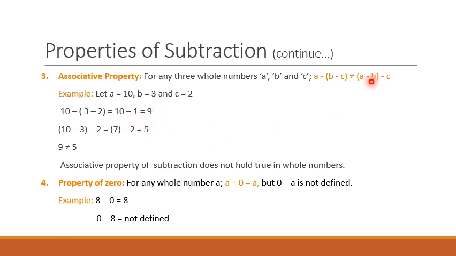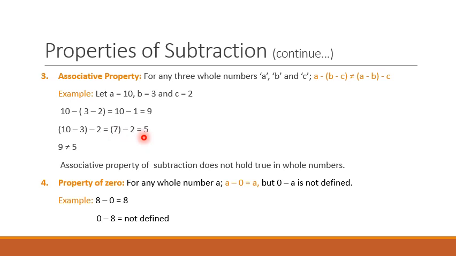Now let's take the other side, (a minus b) in brackets and then minus c. So here (10 minus 3) in brackets minus 2. First subtract 10 minus 3, which gives me 7. And then I subtract 2 from the 7, which will give me 5.